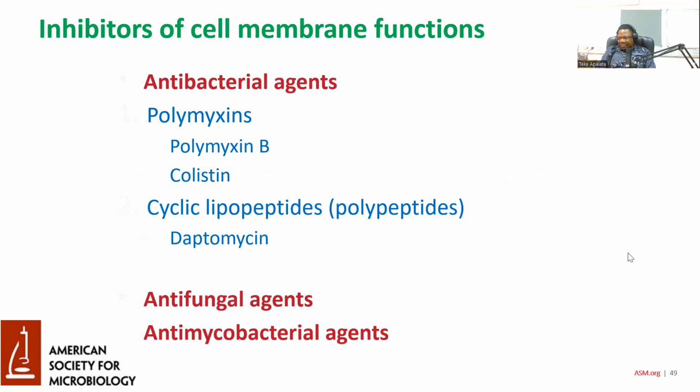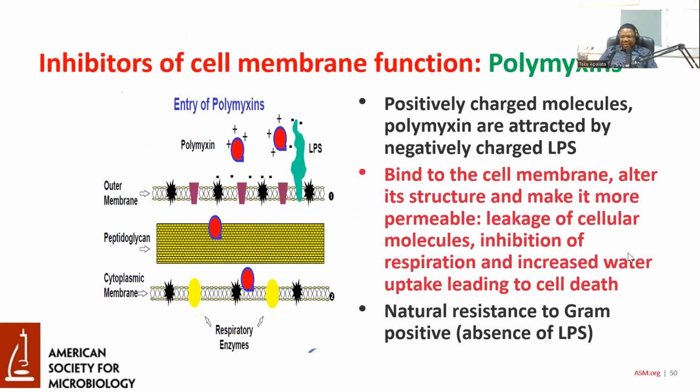We also have antifungal agents that are mainly inhibitors of cell membrane function, and some antimycobacterial agents that also act by inhibiting cell membrane function. So we will briefly go through those antimicrobial agents. Let's start with the antibacterials, like polymyxin, which includes polymyxin B and colistin.